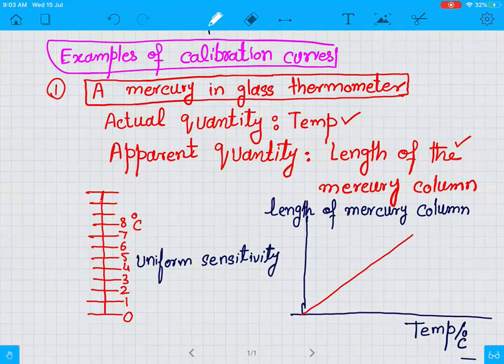The reason for a straight line is uniform sensitivity. So this thermometer has a uniform sensitivity throughout. So that's why the graph is a straight line.